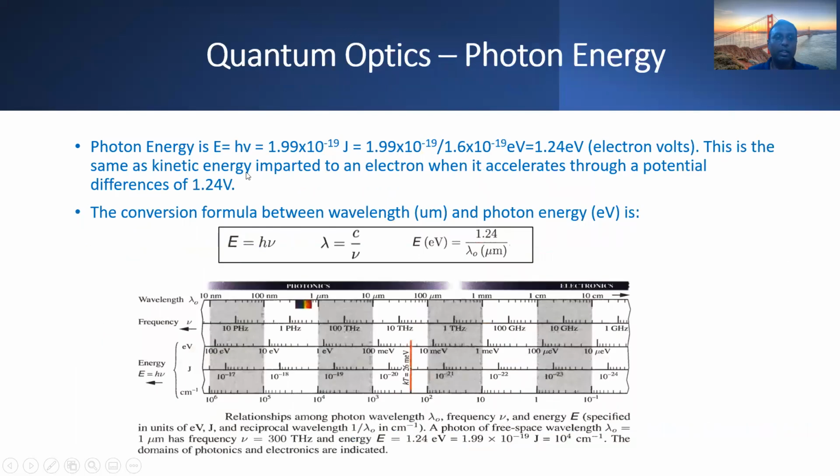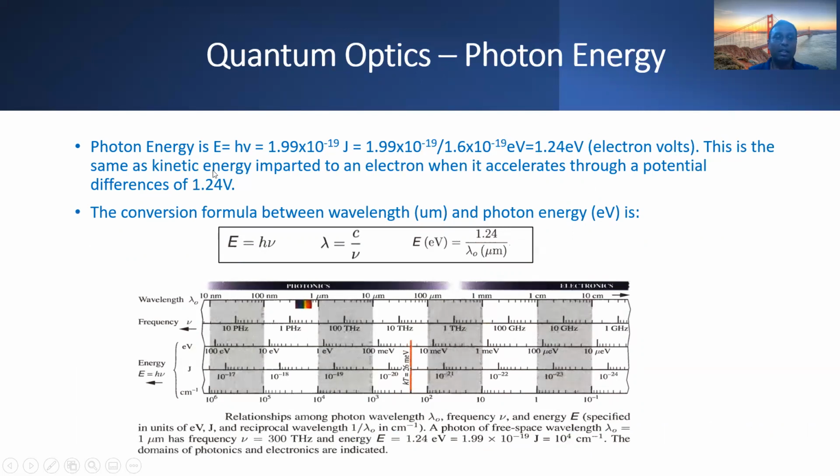The photon energy is given by E equals hv, which equals 1.99 times 10 to the power minus 19 joule, and we can convert the joule into electron volts by dividing by 1.6 times 10 to the power minus 19. That will give us a photon energy of 1.24 electron volts.